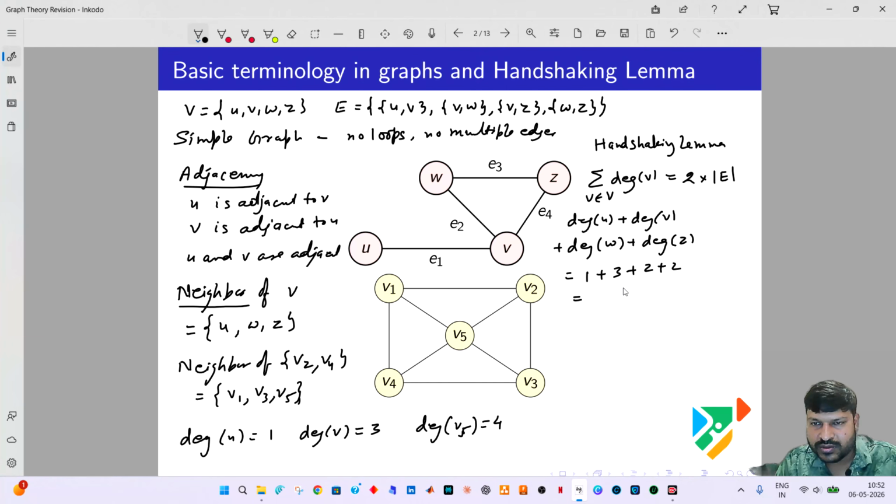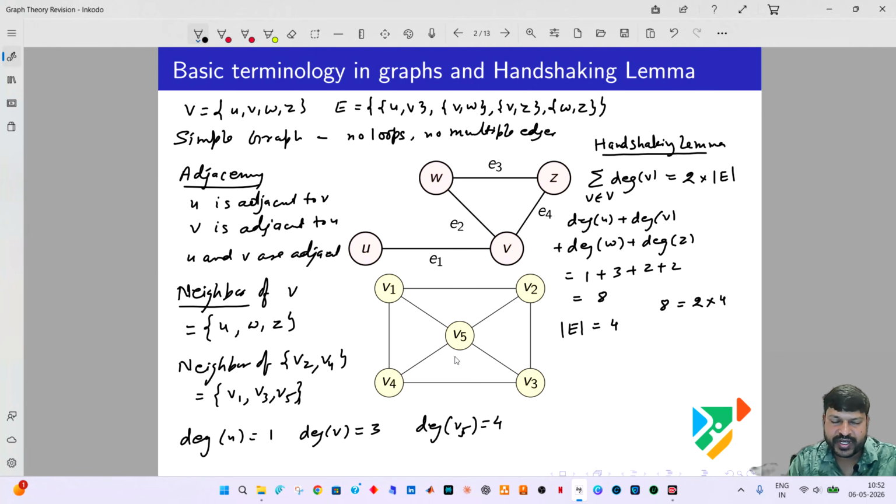This is equal to 8. And how many edges do we have in the first graph? E1, E2, E3, E4, 4 edges. So what is the relation between 8 and 4? 8 is equal to 2 times 4. Hence, the handshaking lemma is verified for this graph.